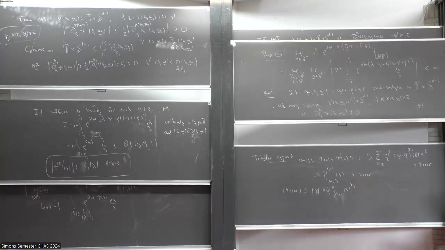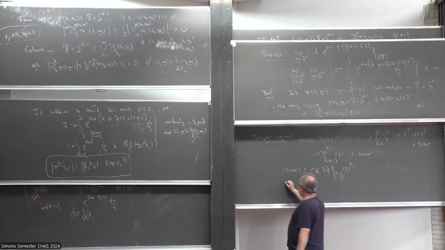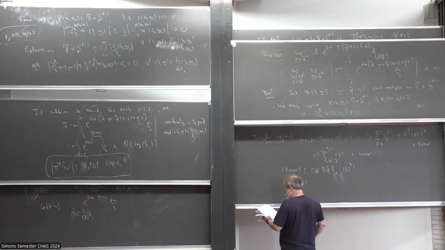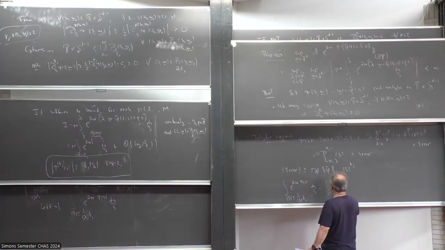Now I stick this in and make a comparison. I take e to the 2 pi i tau of s, integrating up to 1 over lambda to the 1 over kj, with ds over s, and I take the difference with this.